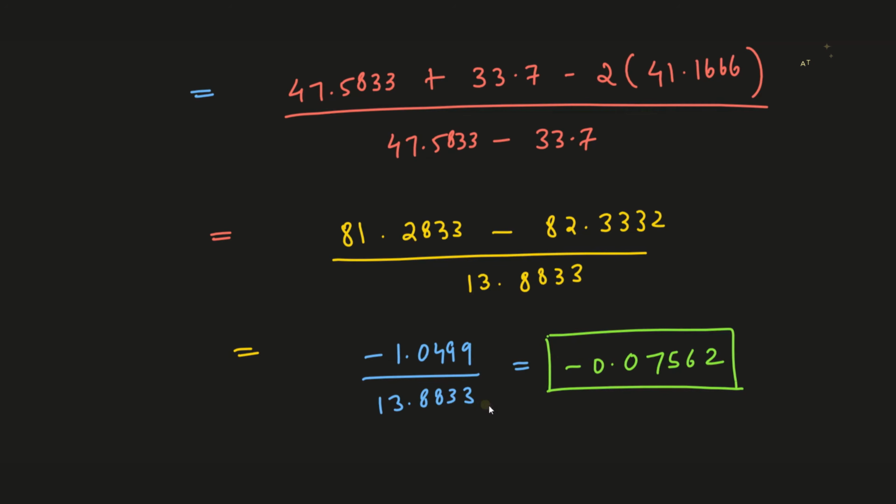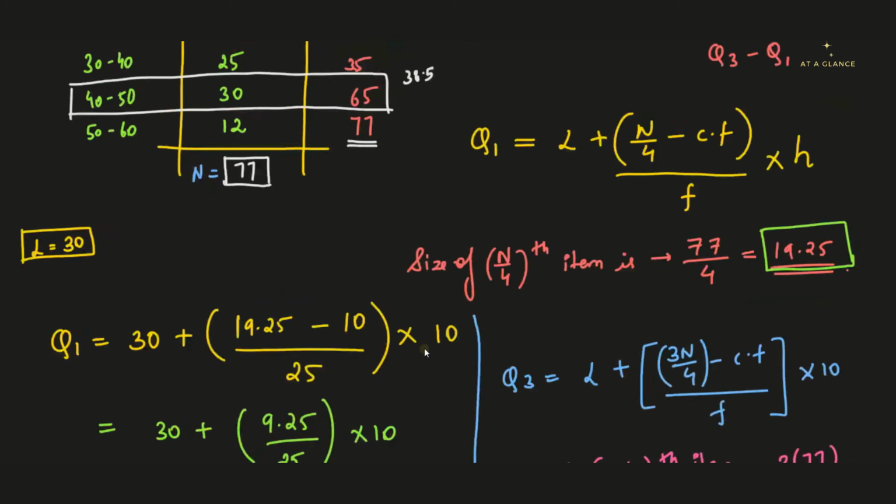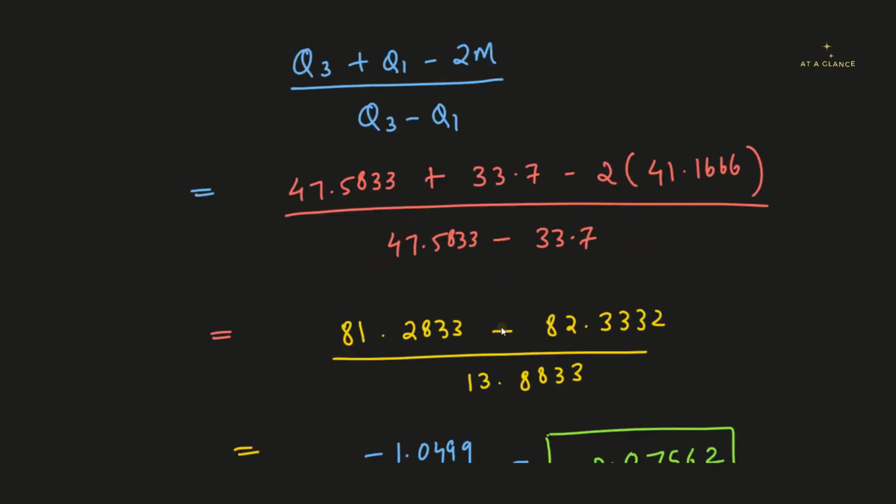Now, you can observe one thing. This particular skewness value is negative. So, whenever we get the skewness measure as negative, we can state that the distribution that we have got, that is this particular given data, is negatively skewed.